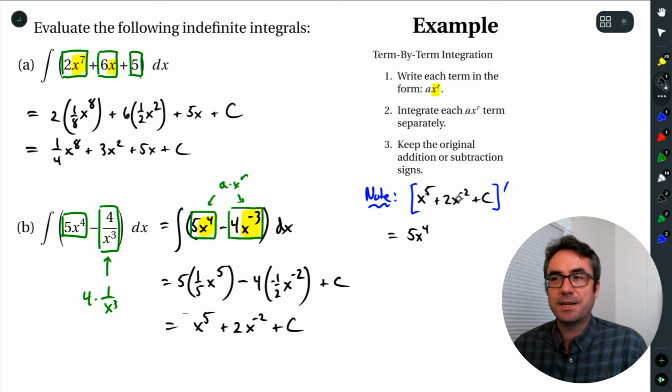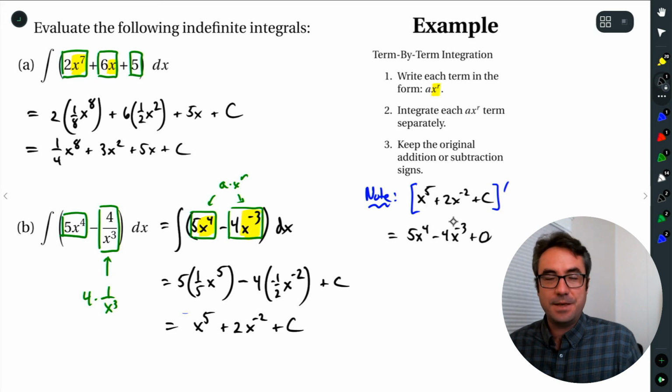Now we go on to our second term, differentiate this. I take the -2, bring it down, multiply it with the 2 that's already there. I get -4. Then I subtract 1 from the exponent, so I go from -2 down to -3. And the derivative of constant c is 0.